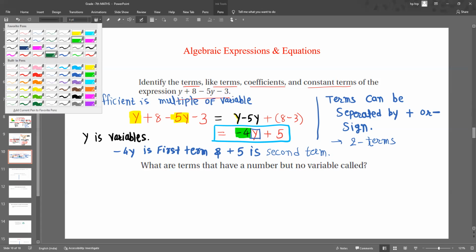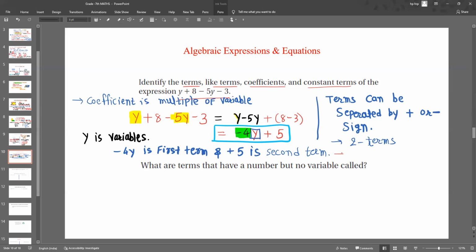So in this algebraic expression, the coefficient is minus 4.